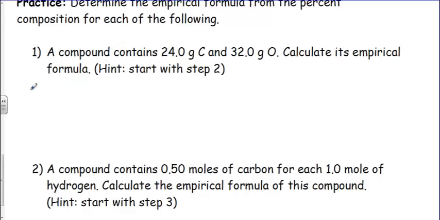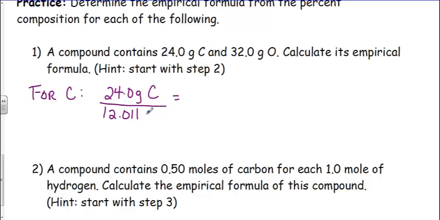So let's go to step 2, and we're going to convert our grams to moles. For carbon, we have 24 grams of carbon. We're going to divide that by the GFM to give us the number of moles. So 24 divided by 12.011 grams per mole in 1 mole of carbon, and we will get approximately 1.998, but we're going to round that to our sig figs, which gives us 2.00 moles.